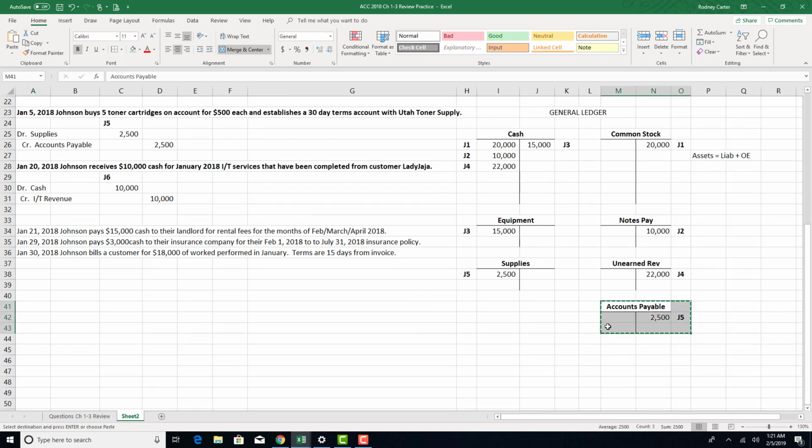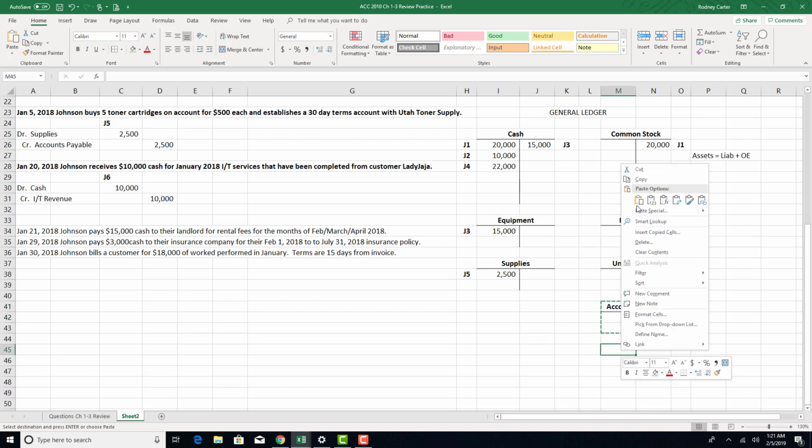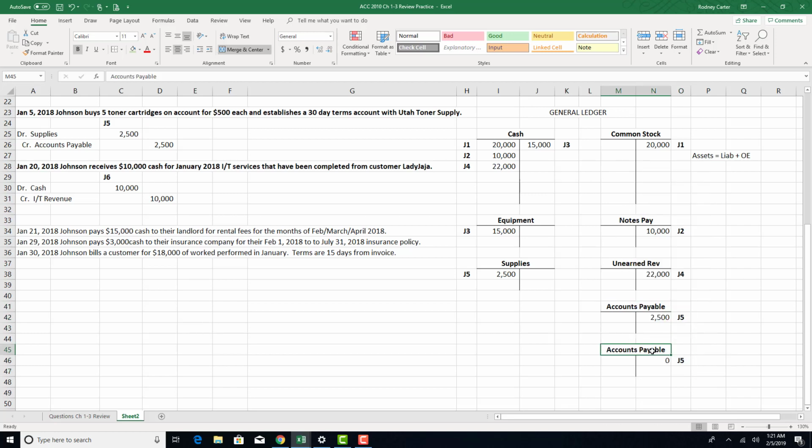This is our first income statement account. It's the first account where we've had revenue or expenses. And then cash, we've got J6. And I'm going to cash that out.